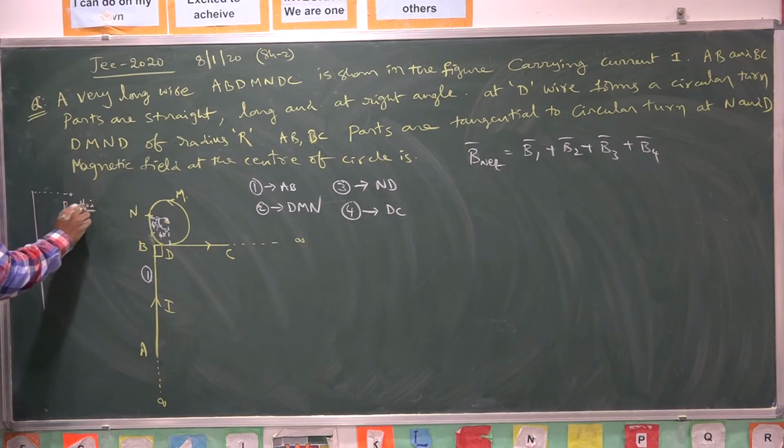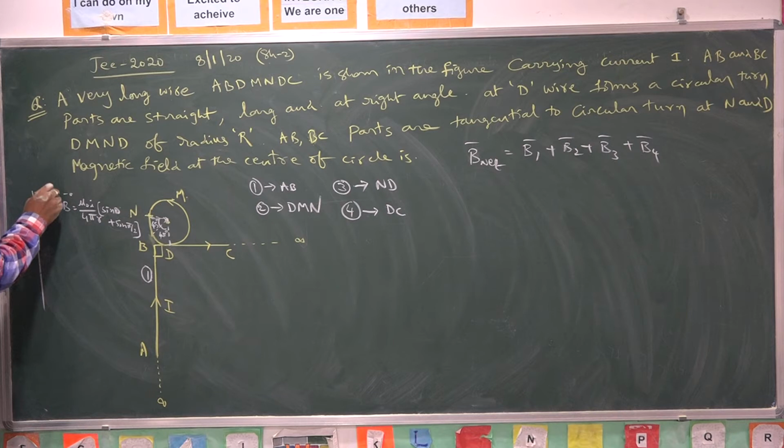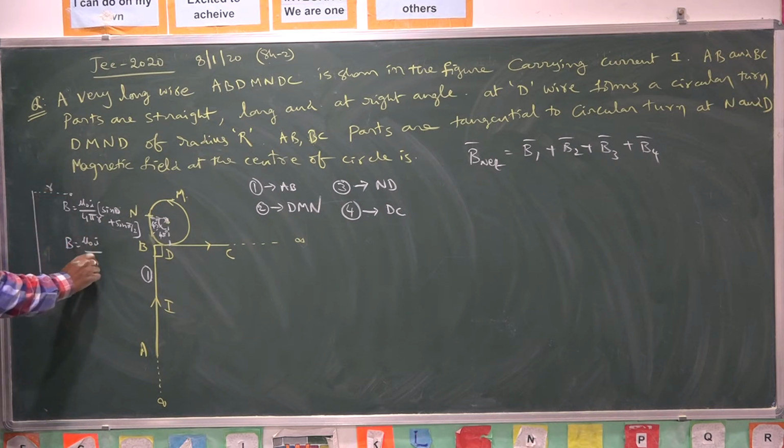Mu naught I by 4 pi into sin alpha plus sin beta. Beta tends to infinity, alpha is 0. So sin 0 plus sin 90. Sin 0 is 0. Sin 90 is 1. This distance 4 pi r. B is equal to mu naught I by 4 pi r.